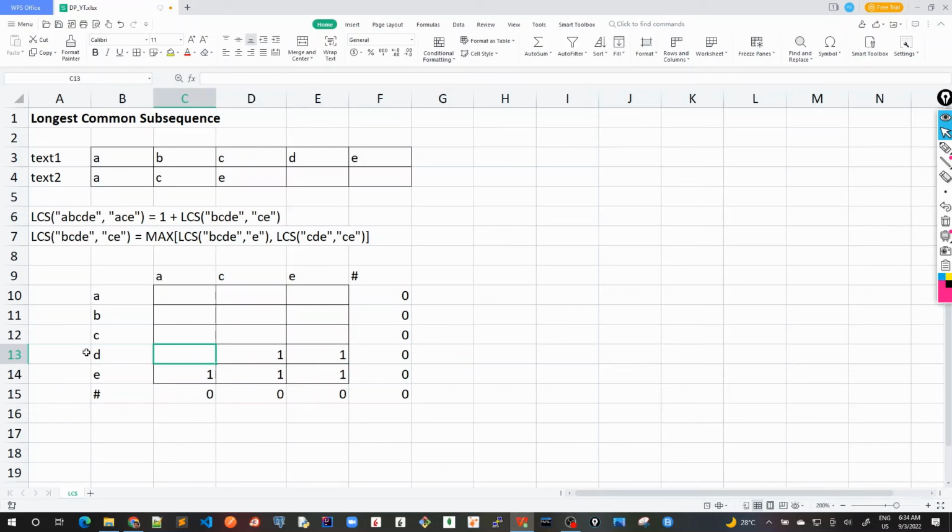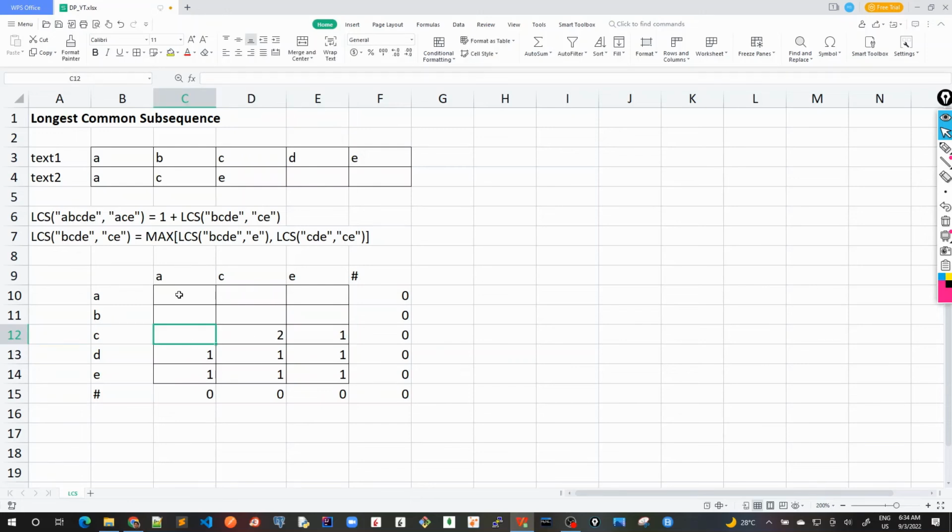Now A and D don't match, max of this and this. Now let's go to C and E. They don't match, max of 0 and 1, so it's 1. Now here is the first time we got the characters C and C matching. So it should be 1 plus whatever is diagonal to it. The next diagonal is here, 1. So 1 plus 1 is 2.